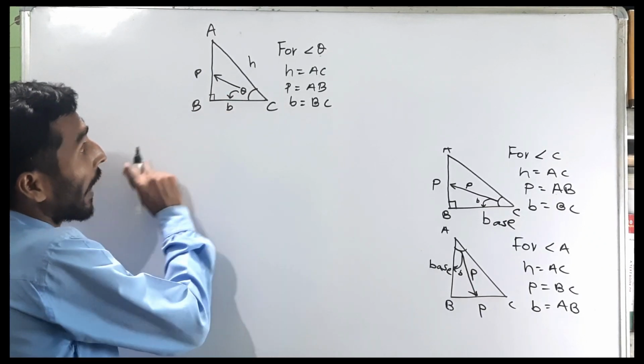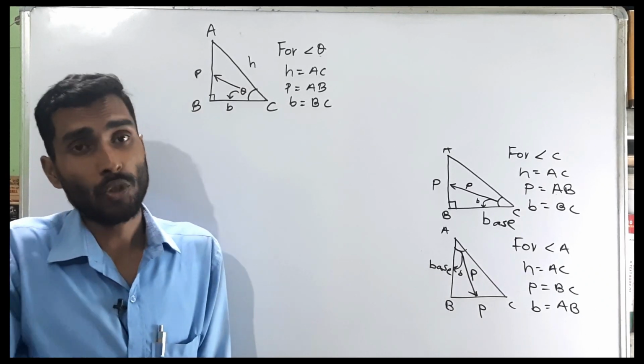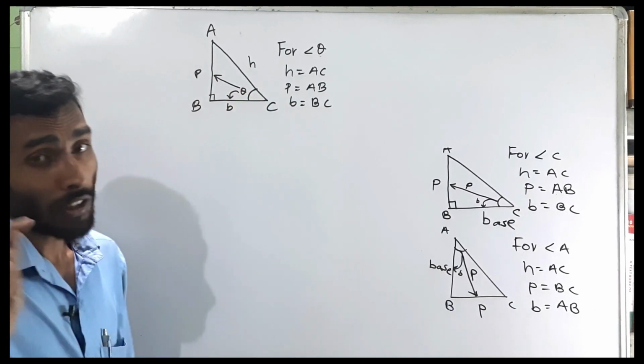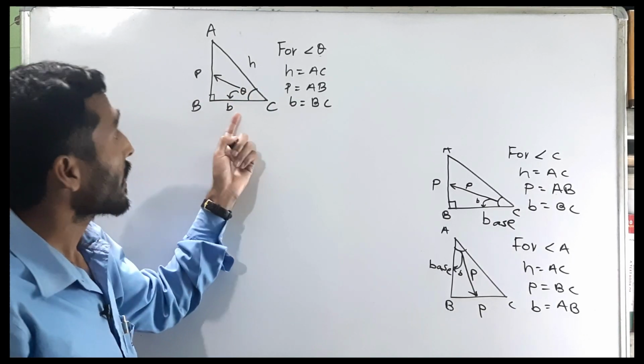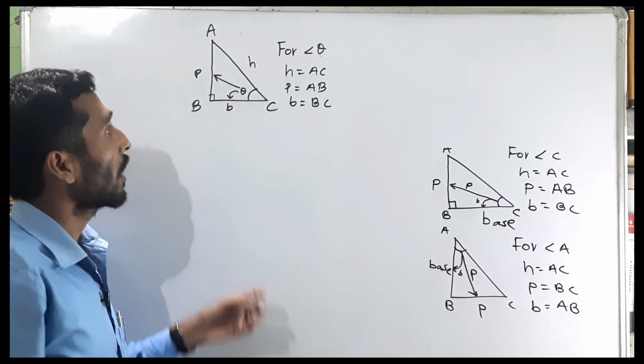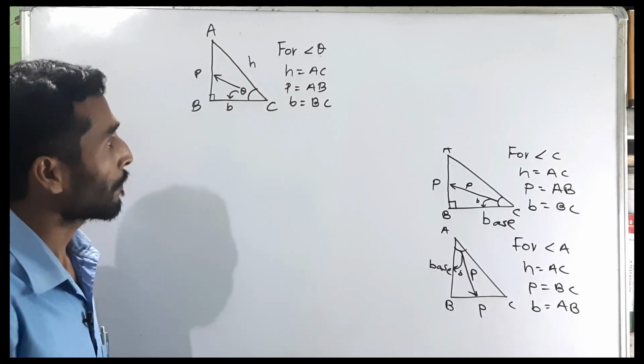For theta, H is fixed because the hypotenuse is always opposite to the right angle, and the perpendicular is opposite to that particular acute angle, and the base is adjacent to that angle. Or we can say that after naming these two sides, the third side is base, right?